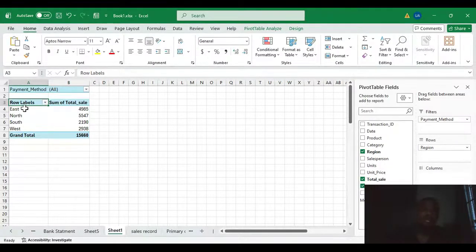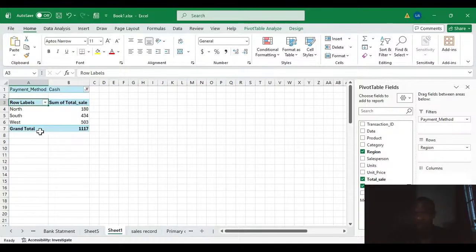All right, so these are all my regions here. Now I want to know what payment method is used in the region. So first of all, I want to know cash. All right, so over here you will see the west region actually has the highest use of cash. So where people use cash mostly is in the west region.